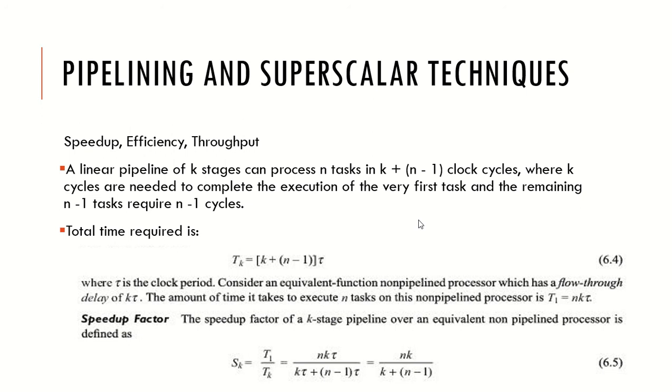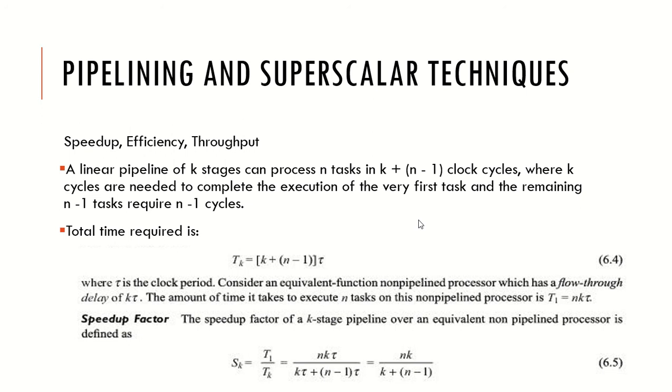T1 is the total time taken for executing the same n tasks in a sequential manner in a non-pipelined processor, whereas Tk is the total time taken to execute the same n tasks in a pipelined processor. So speedup achieved is equal to the total time taken by a non-pipelined processor divided by the total time taken by a pipelined processor.